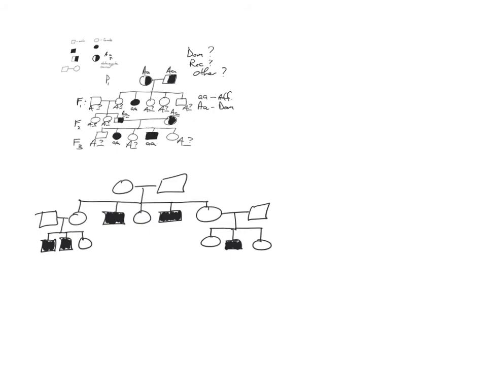If you don't see a skipped generation, then you have to say it's sex-linked dominant. But if it's skipping a generation, then you can say it's recessive. If it skips just one generation, it's recessive.